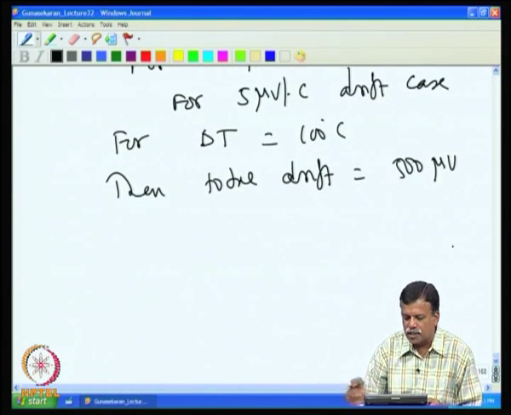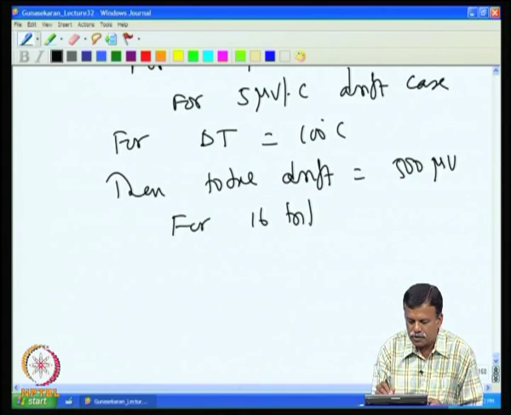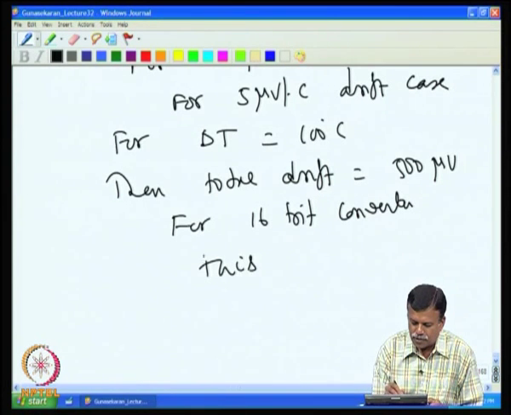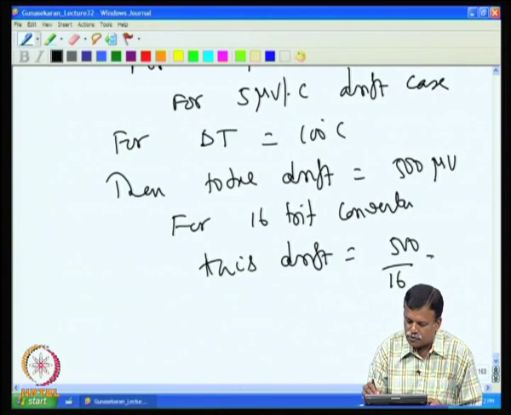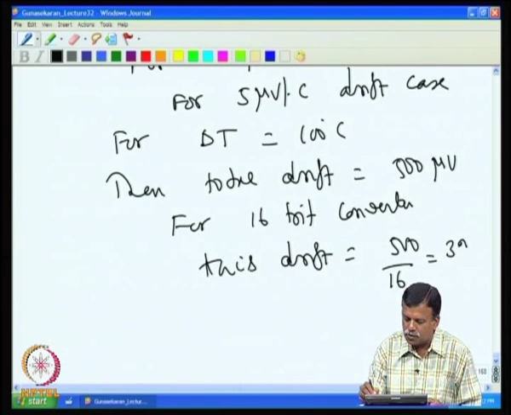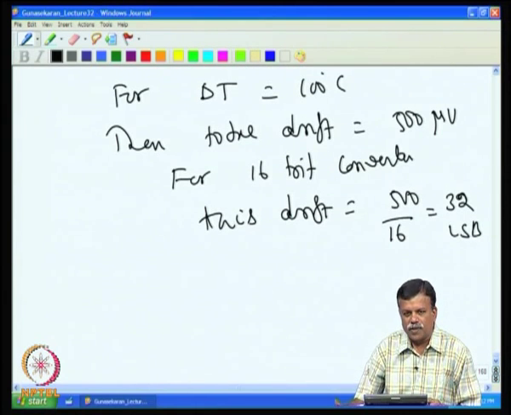Now, for a 16-bit converter, this drift would be equal to 500 by 16, that would be 32 LSBs. So, offset voltage drift also creates a problem, and similarly there is gain drift.